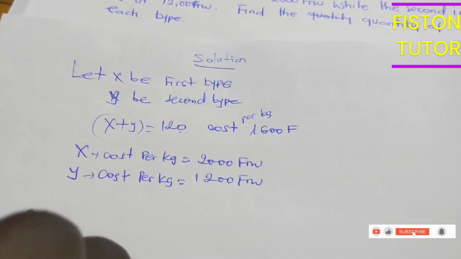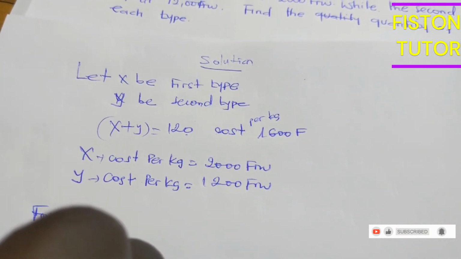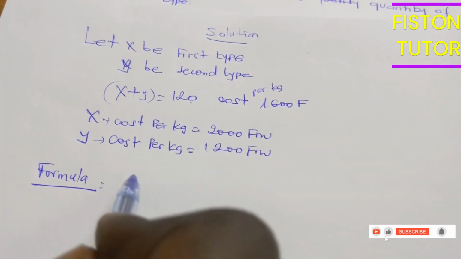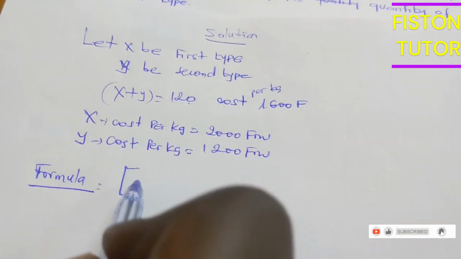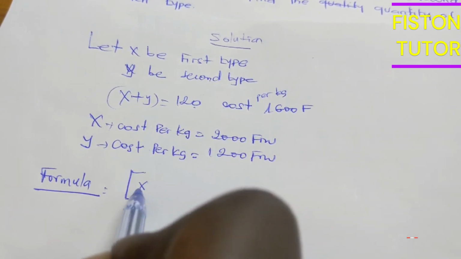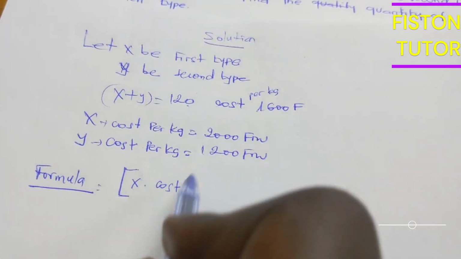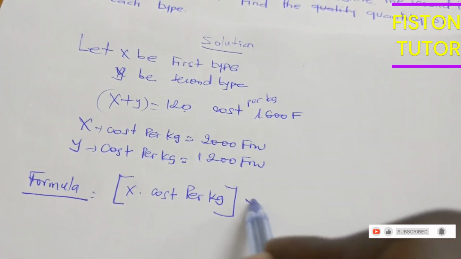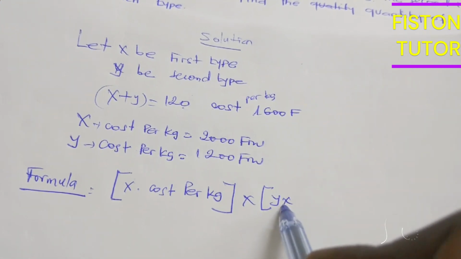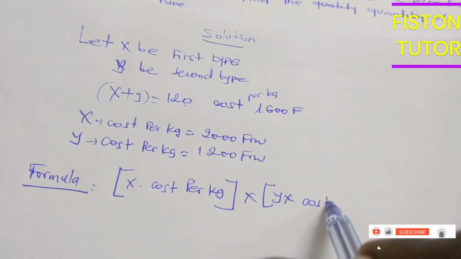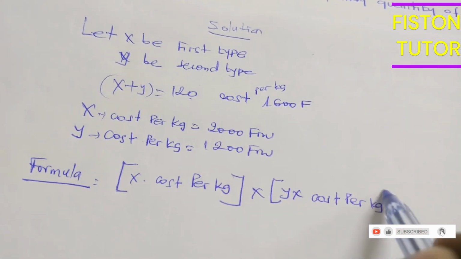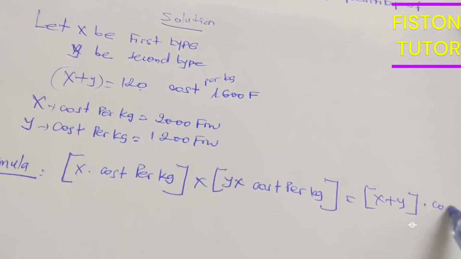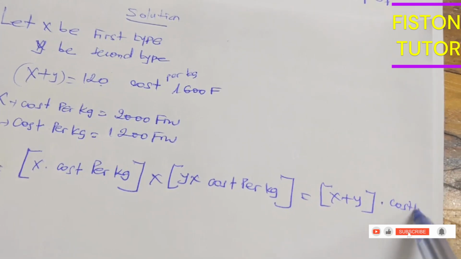Now, let us try to write the formula here. The formula we have, as has been mentioned above, is x times its cost per kilogram plus y times its cost per kilogram will be equal to the mixture, to mean x plus y times the cost per kilogram.